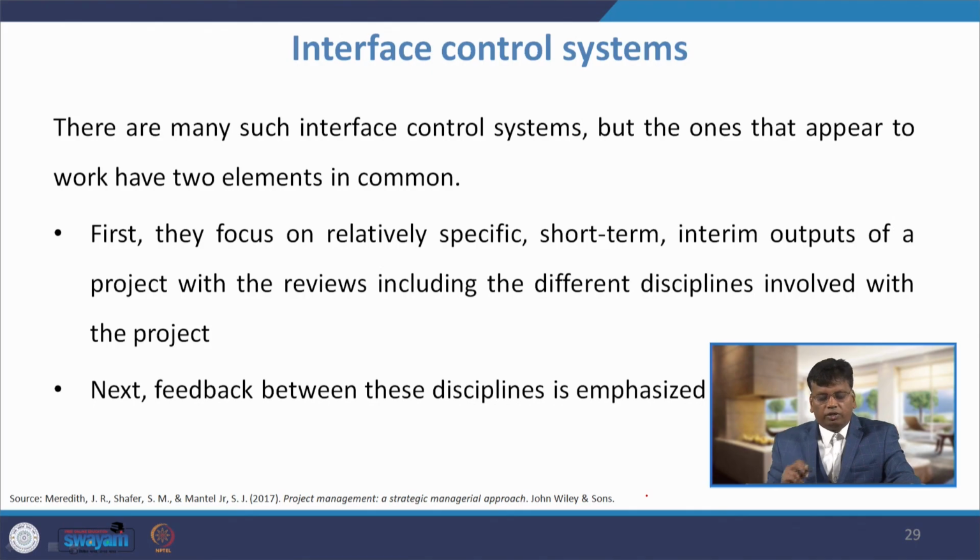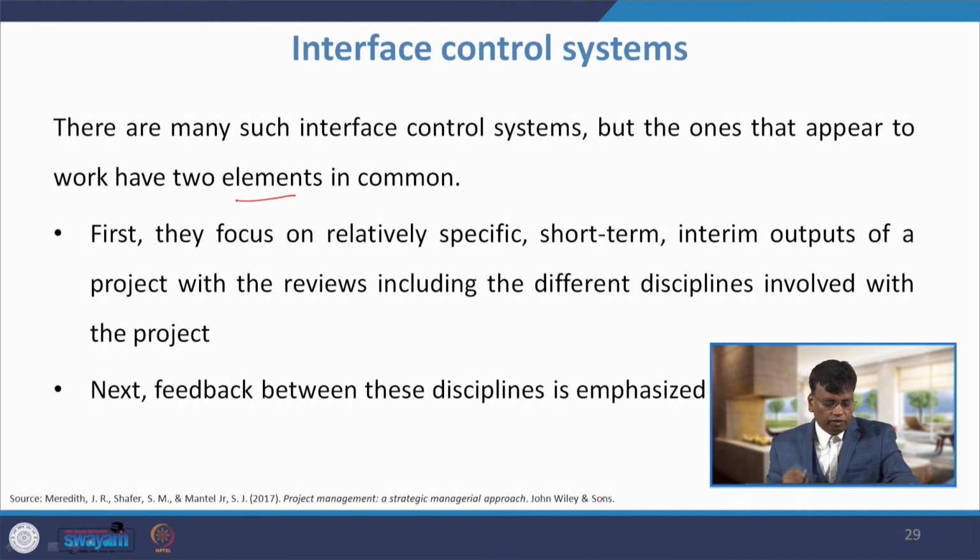Now, we will discuss different interface control systems. There are many such interface control systems, but the ones that appear to work have two elements in common. One is that they focus on relatively specific, short-term interim outputs of a project, with the review including the different disciplines involved in the project.